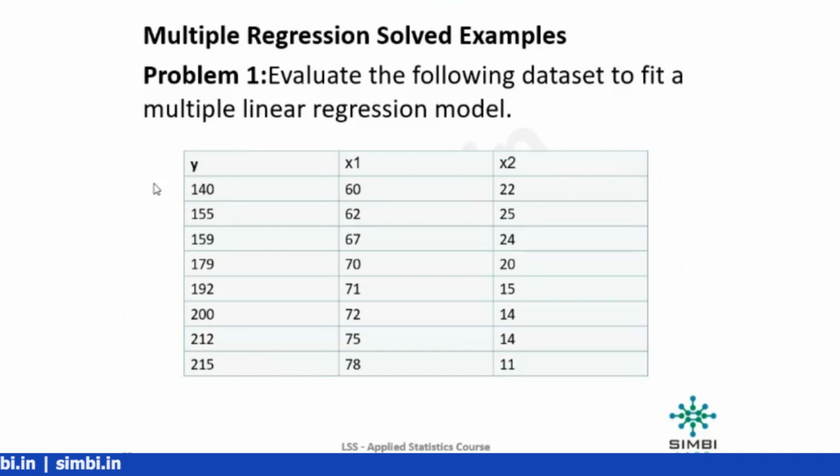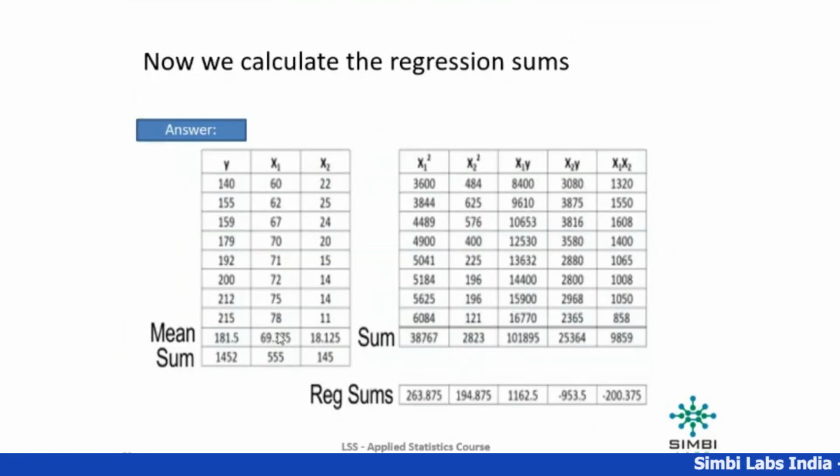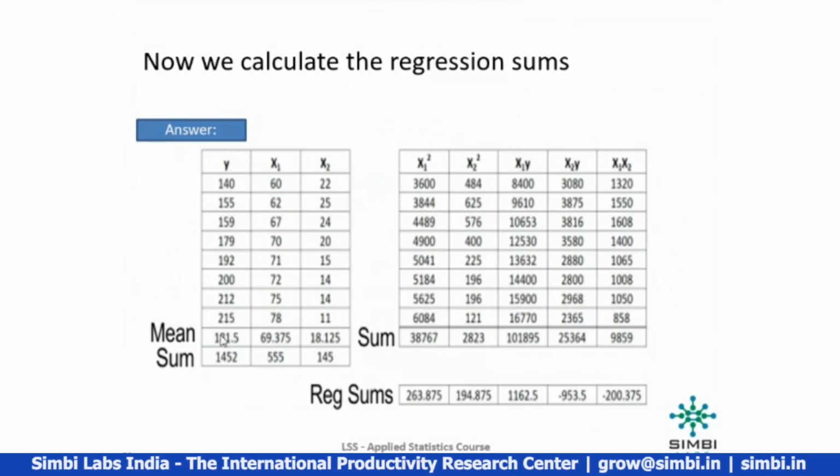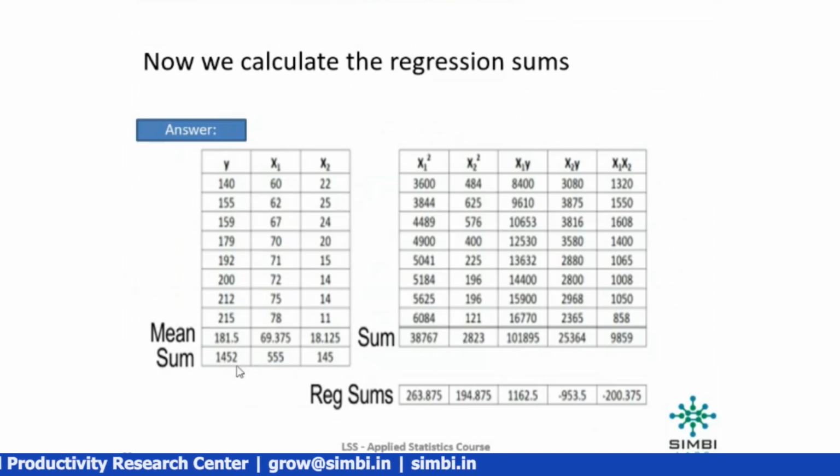By using these dependent and independent variables, we first need to find the mean values of the data. We need to calculate the sum of the dependent variable, and next do the average.